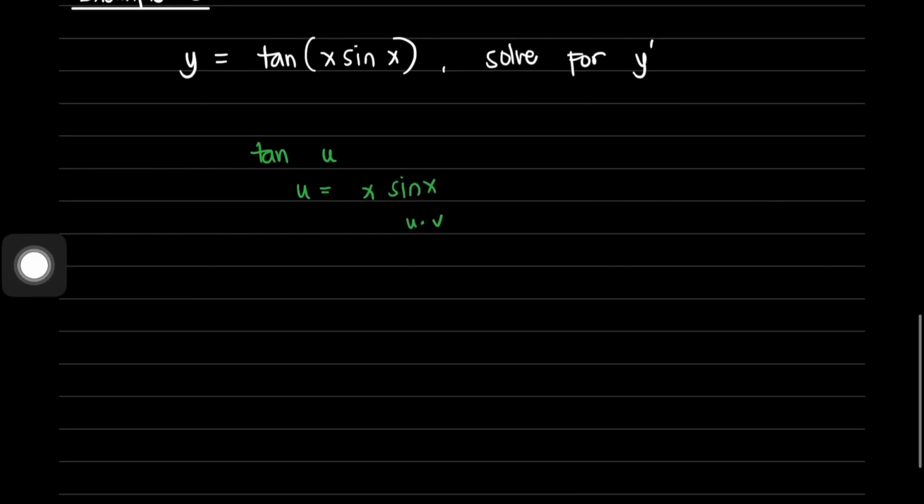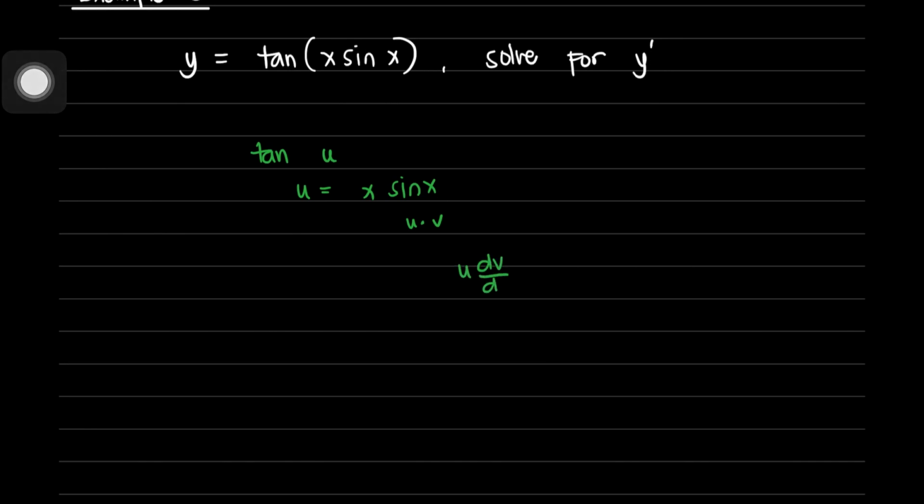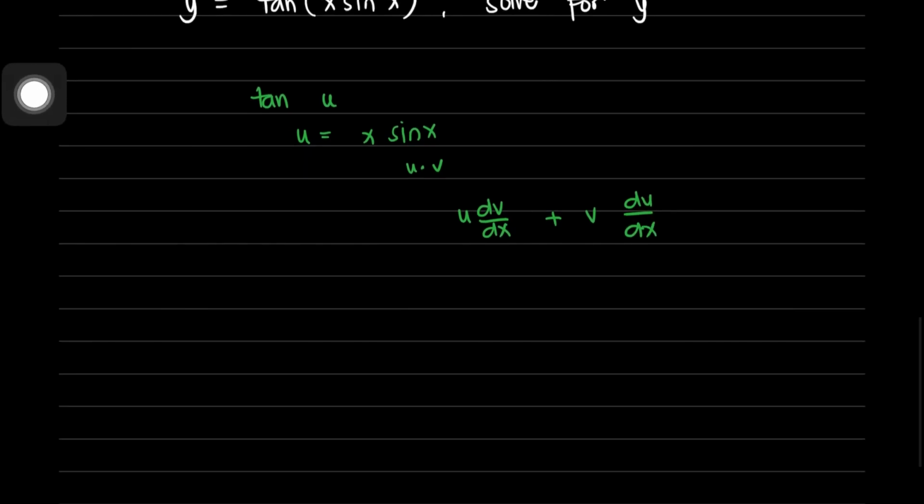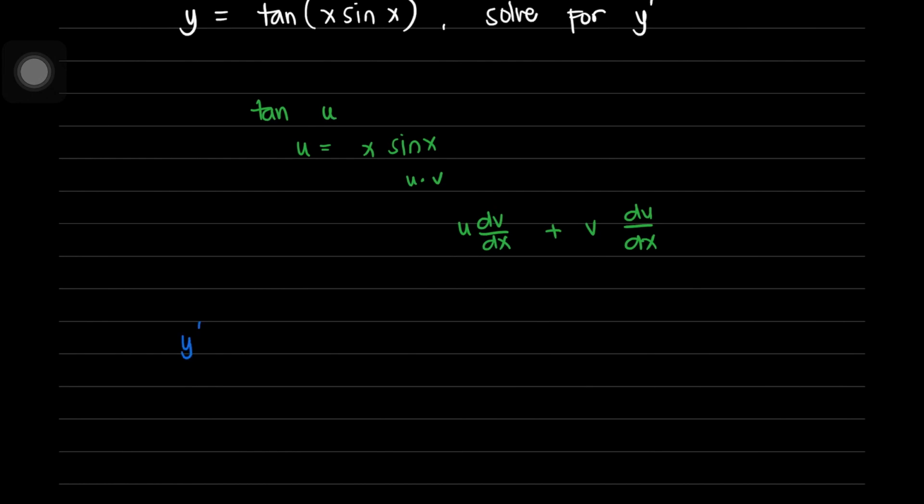Now, it is also important that you are familiar with the derivative of a product, and the derivative of a product would be u dv over dx plus v derivative of u with respect to x. Now, if we're going to apply these formulas in this given function, solving for y prime is now equal to the derivative of tangent with respect to x, which is equal to secant squared u du over dx.